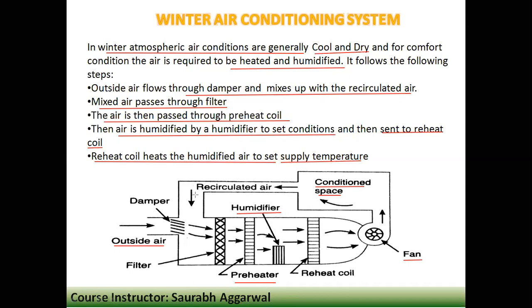It gives its heat away to the objects placed in that conditioned space, and itself gets cooled down. When it is cold, it is sent back and mixed with the outside air, and then the cycle continues. So this is how a winter air conditioning system works.